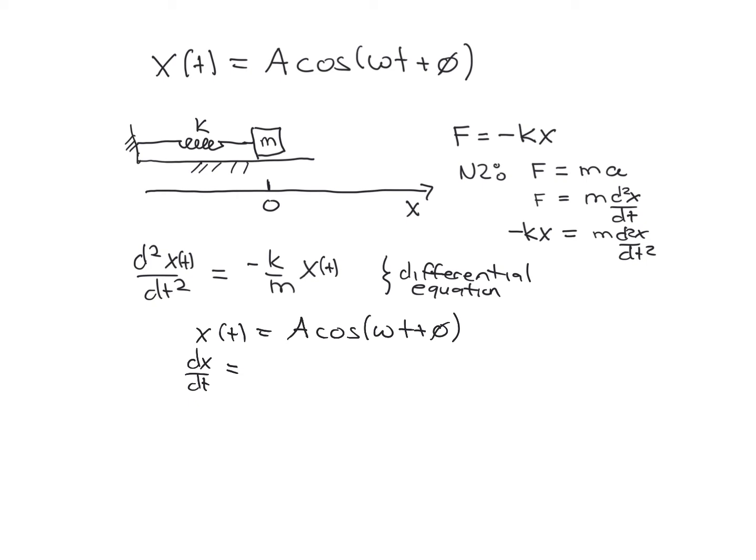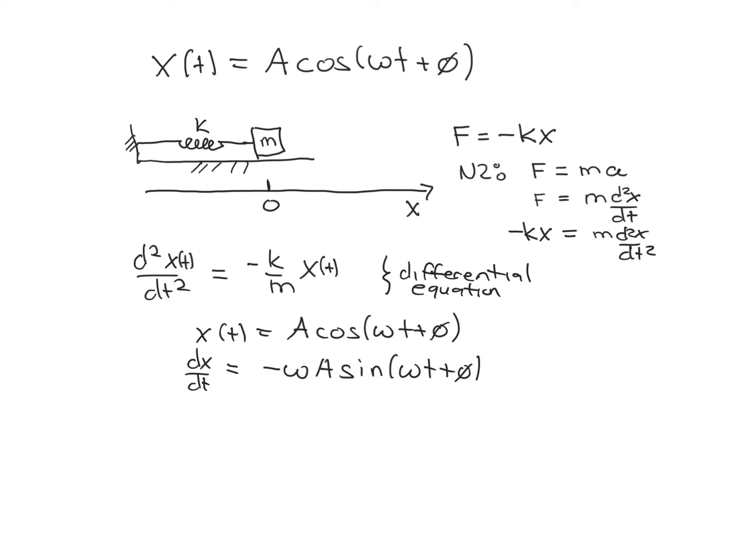So the derivative of x with respect to time is minus omega a times sine omega t plus phi, where I used the chain rule: since the thing inside parentheses has this omega in front of it, you pull out a factor of omega when you take the derivative.